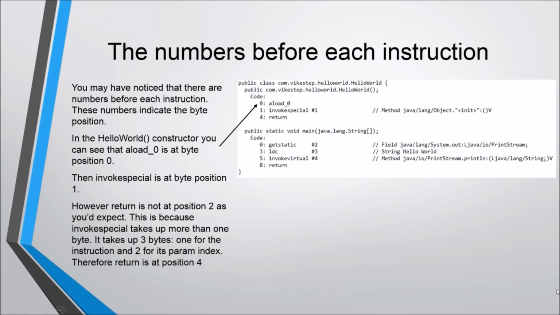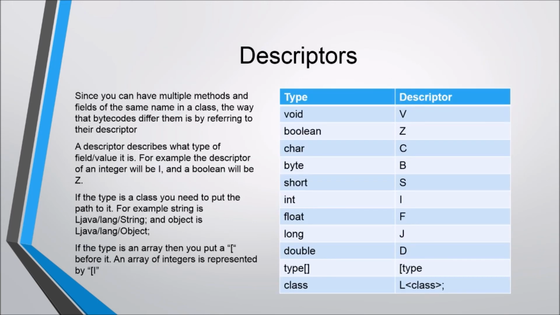So you'll see the parentheses and then V, and you can also see underneath it in the main method, you'll have the field for System.out, and after the colon, you'll have the PrintStream type. So the descriptor is basically saying what type the field or method is that you're calling. Since you can have multiple methods and fields with the same name in a class, the way that bytecode differentiates them is by referring to their descriptor.